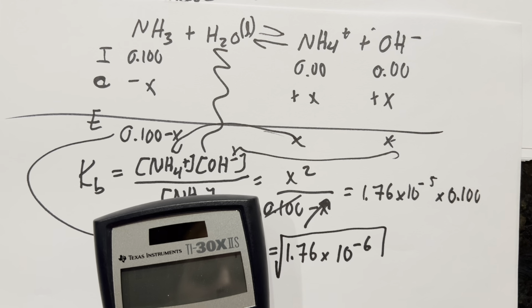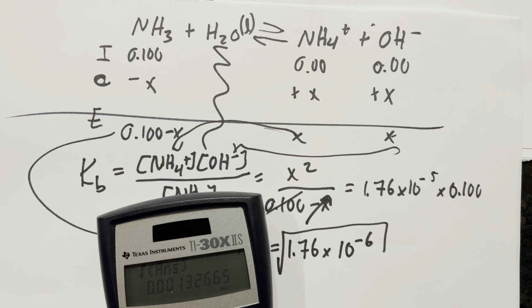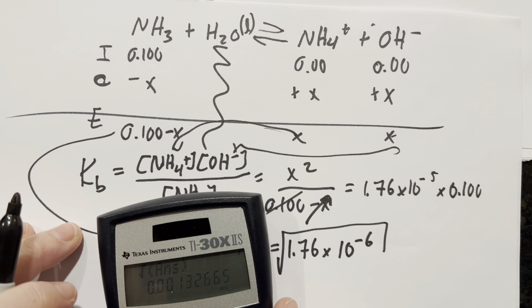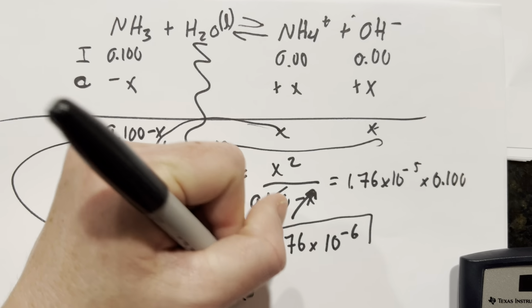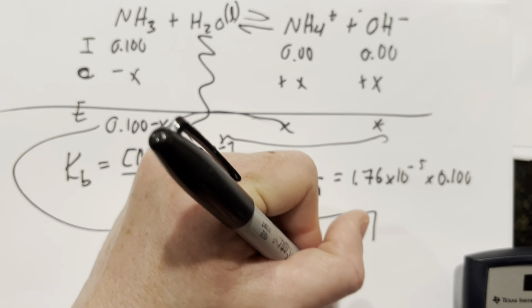So I'll just do it. And I get an answer of x, square root of both sides, by the way, is equal to 0.00133.